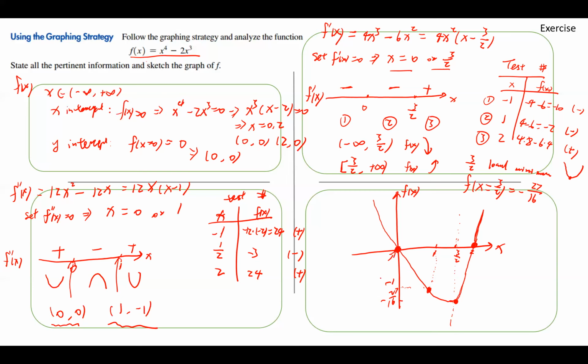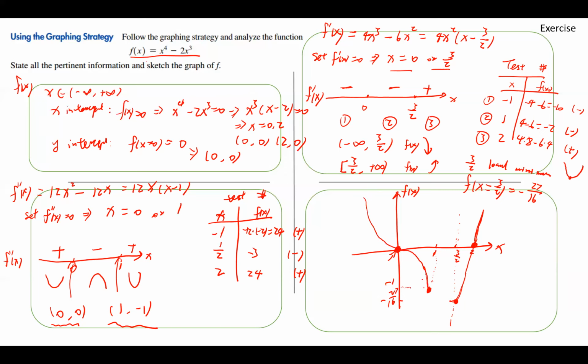Before this point, the function is concave upwards, so we need to draw something like this. Let me erase this so that we can say this is concave upwards. After this point, there's an inflection happening. This is going to be an inflection point, and my line is going to be something like this, downwards, concave downwards, and then it passes through this point.